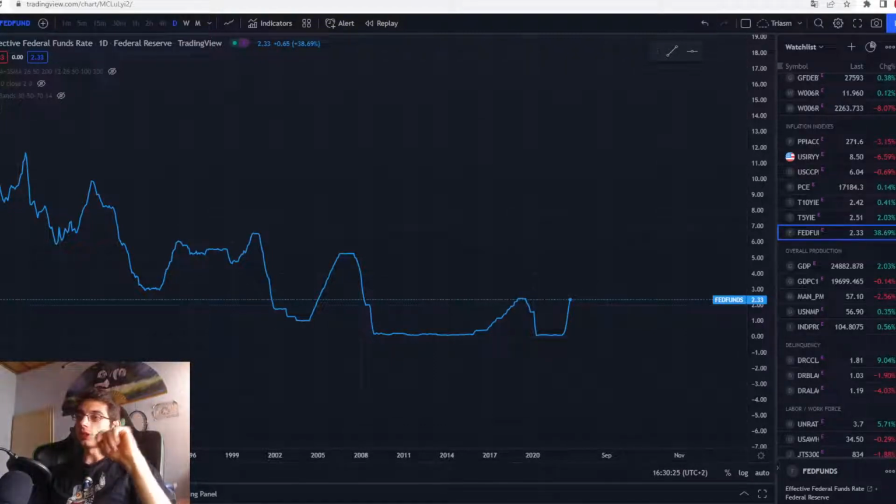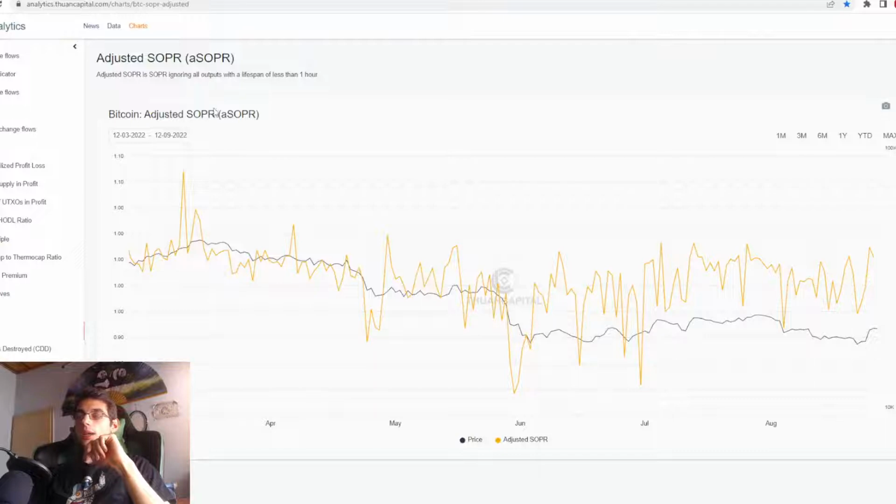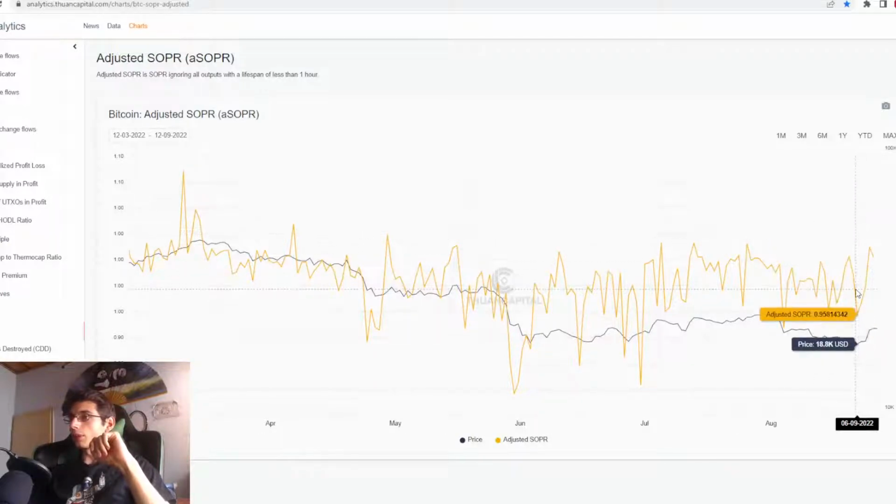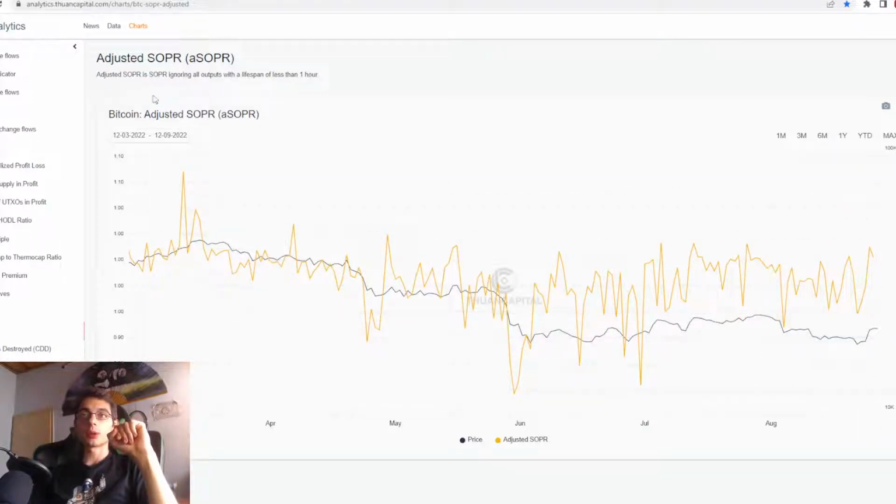so that we don't lose our momentum, and we don't lose the Bitcoin focus we have. As you see right here, we have the adjusted SOPR. The adjusted SOPR metric is the spent output profit ratio of the movement on chain.